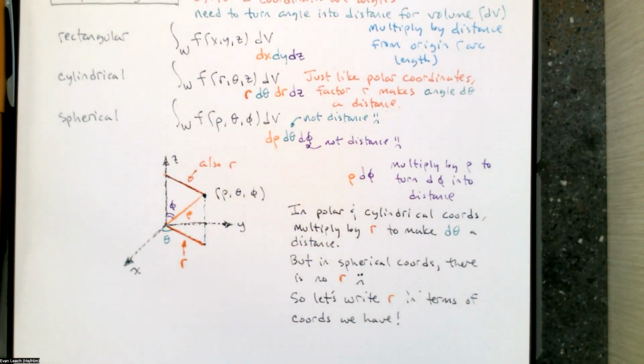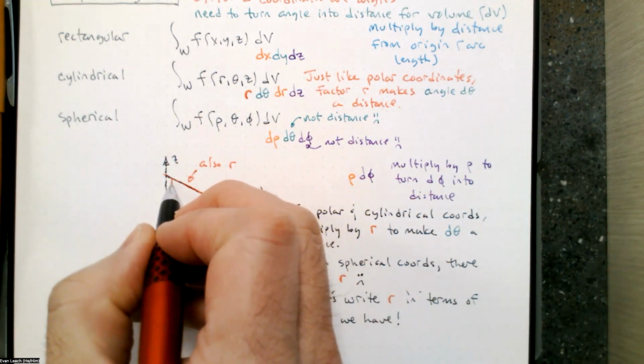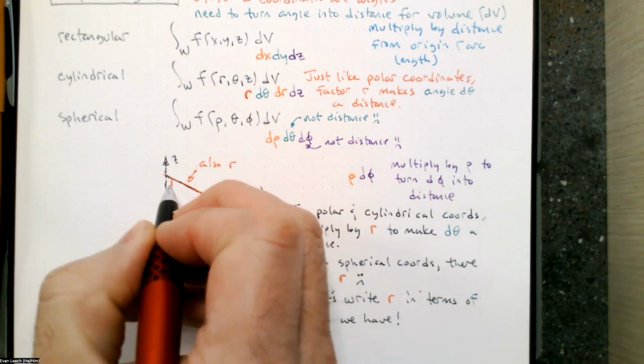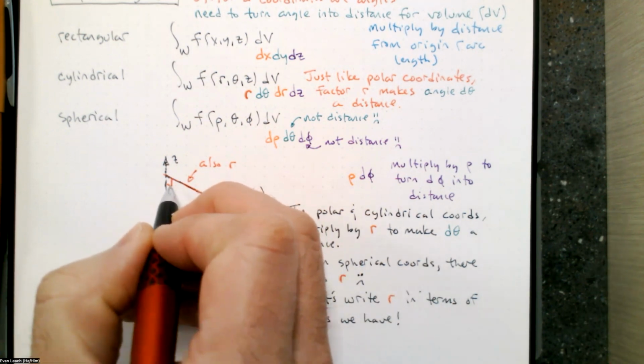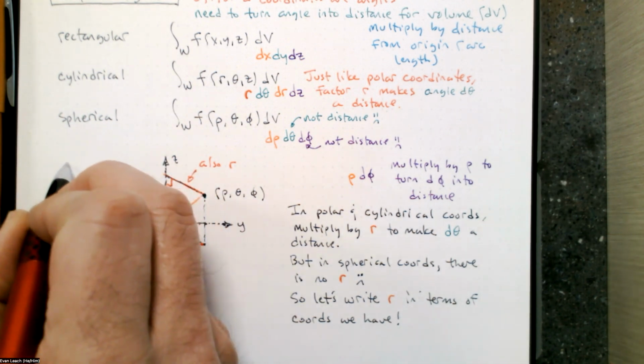Now I've formed a right triangle that involves rho as the hypotenuse, an angle of phi, and the side opposite that phi is r. So if we just grab this triangle up here, I've got a side opposite of r.